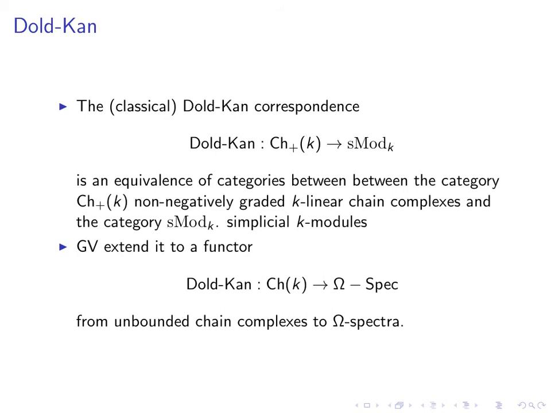The classical Dold correspondence is from bounded, so that's what the plus means, non-negatively graded chain complexes of k-vector spaces to the category of simplicial k-modules. Galatius and Venkatesh extend it to unbounded chain complexes as the domain, and the target is omega spectra.